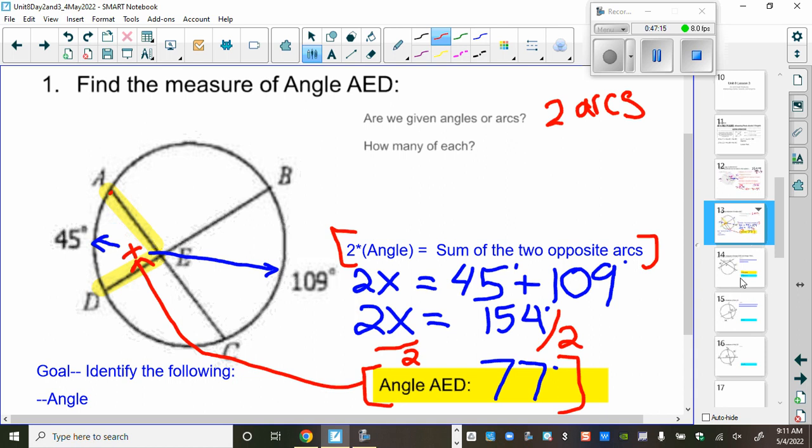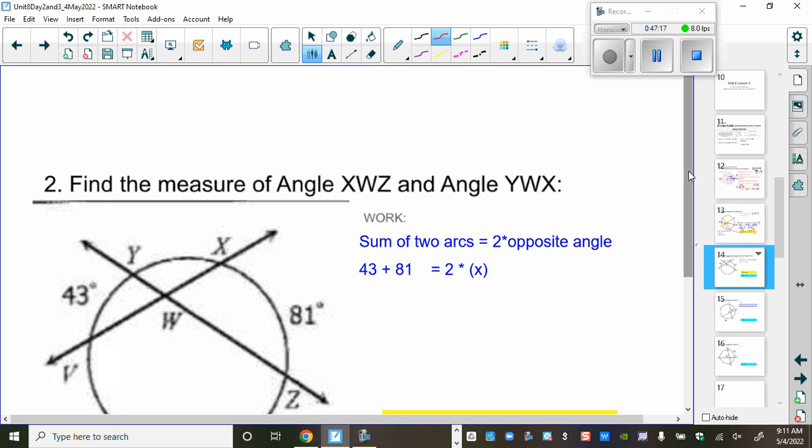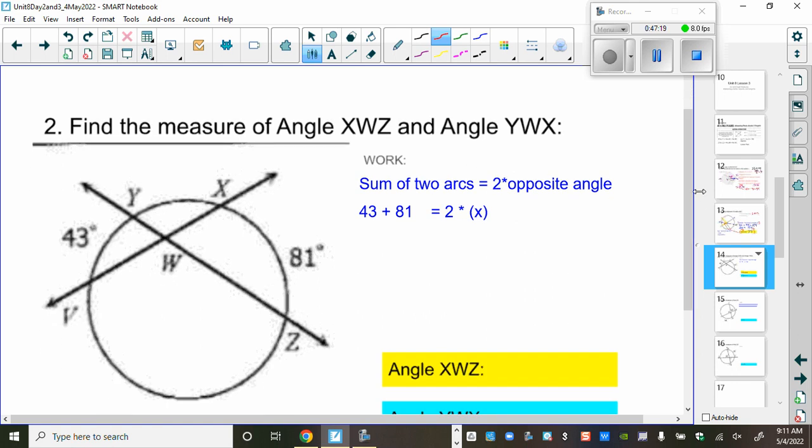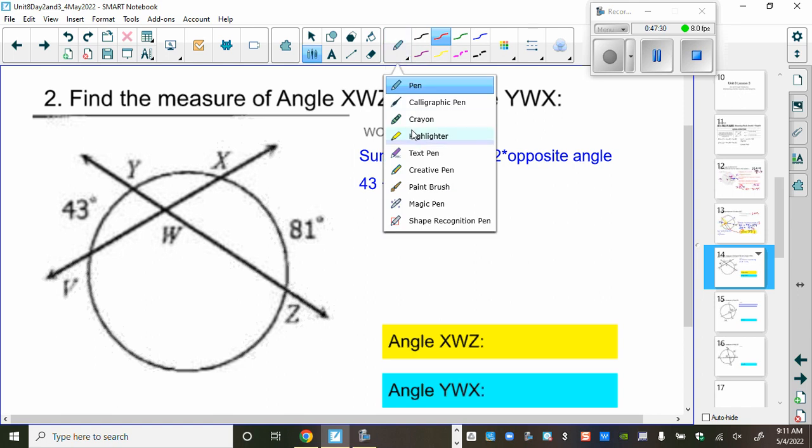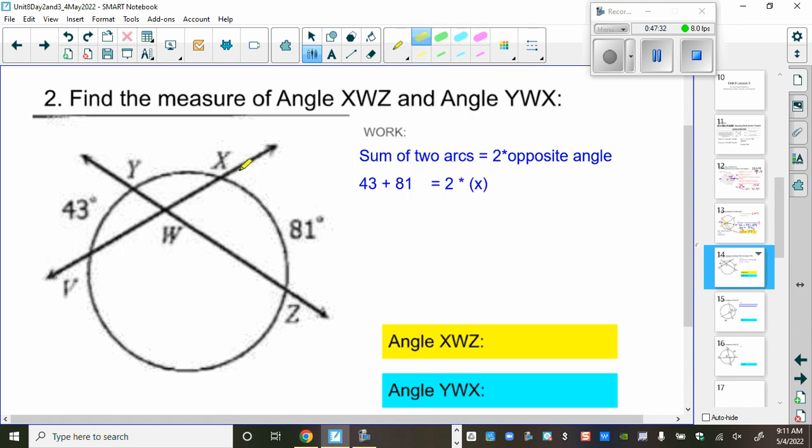All right, here we go. Well, I kind of gave you this one. So this next one, you're going to have to find both angles now. Angle XWZ, which is right here.